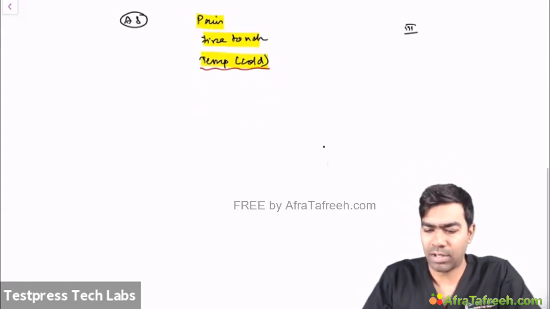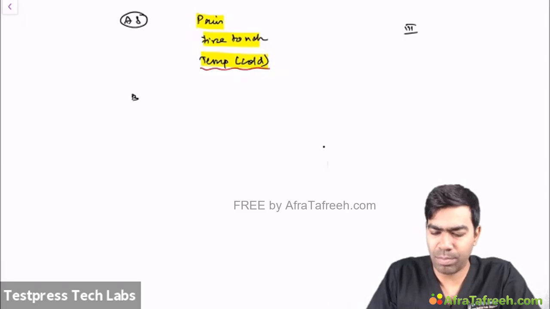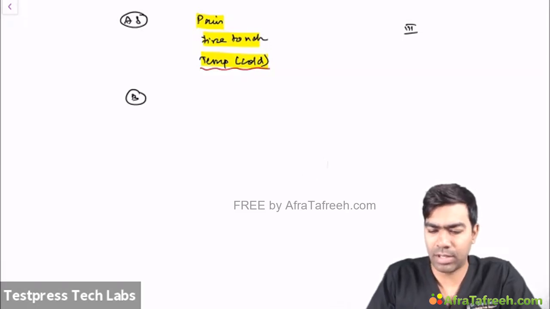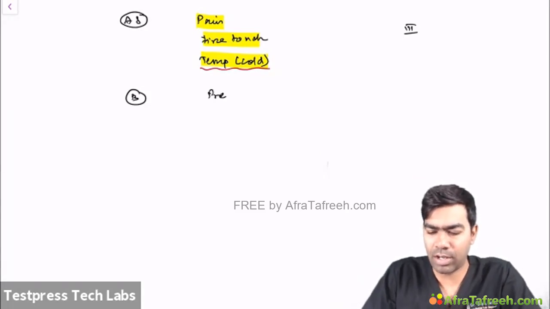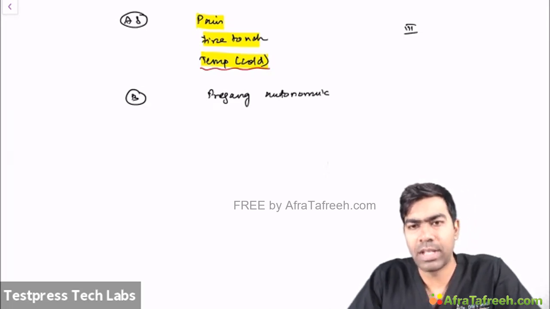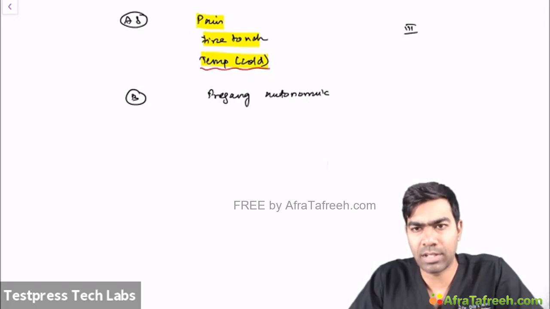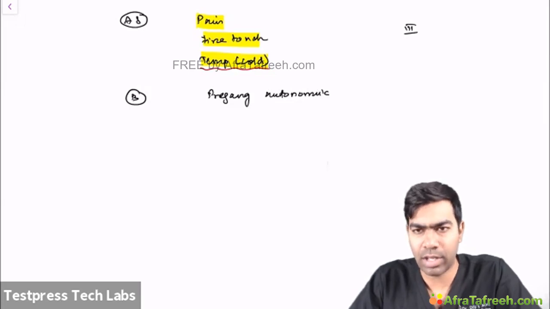Then we have the type B fibers. Now we are going to B in the size classification. Once you go to the B fibers, these will be preganglionic autonomic fibers. They are going to be the ANS system. So we have both sympathetic system and parasympathetic system. For both the systems, we have ganglia, and before the ganglia, we call them preganglionic, and after the ganglia, we call them postganglionic.